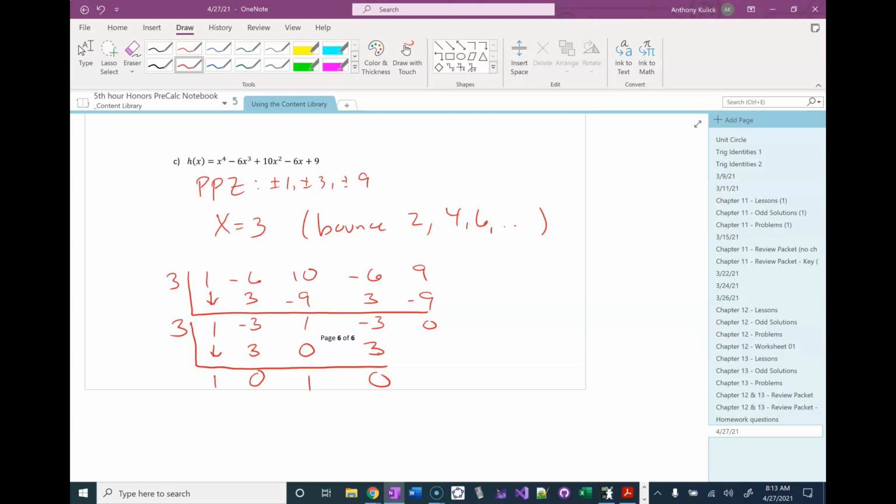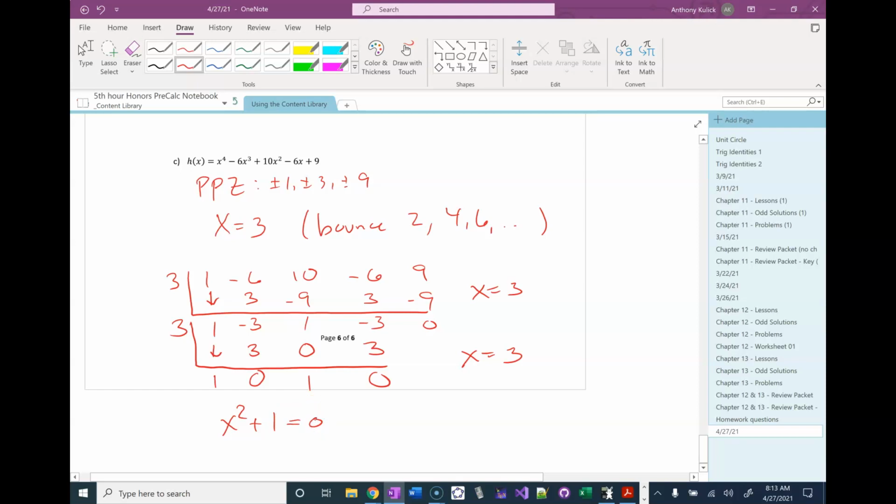So we saw that x equals 3 worked 2 times because we got remainder 0. And the polynomial I'm left with is x squared plus 1, which obviously isn't divisible by 3 again. So I'm not even going to bother trying another synthetic division on this. I'm just going to set this equal to 0 and solve now.